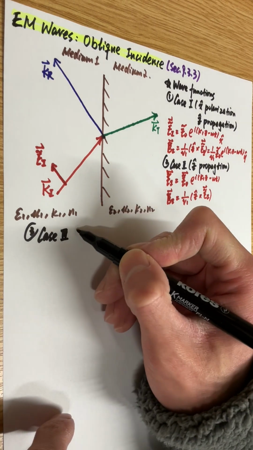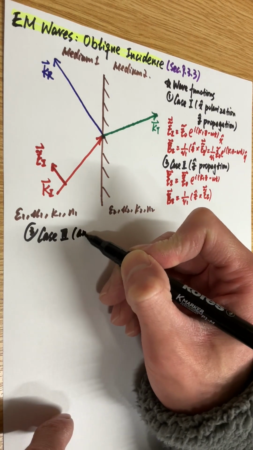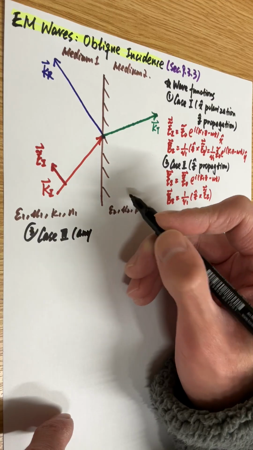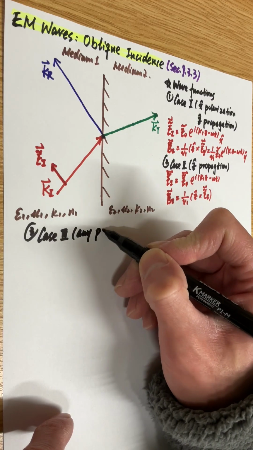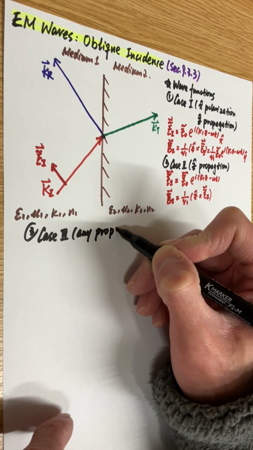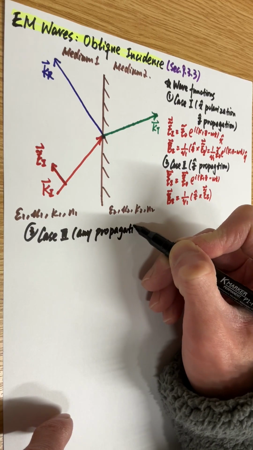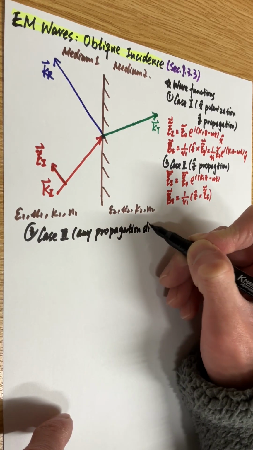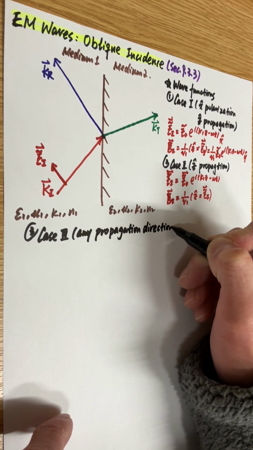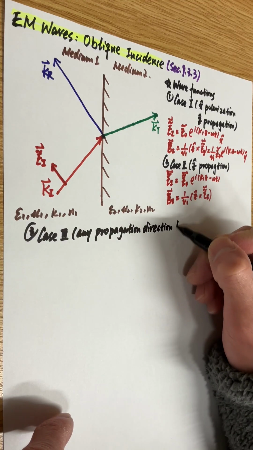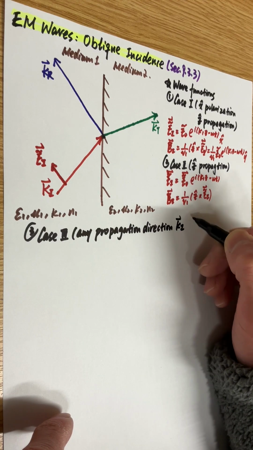So we have any propagation direction indicated by kappa I.